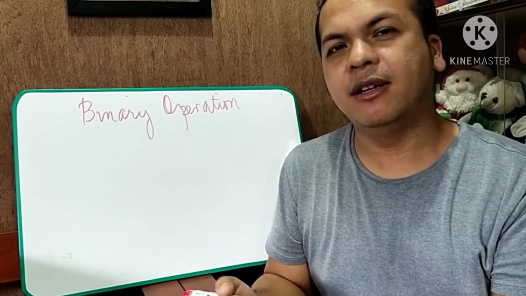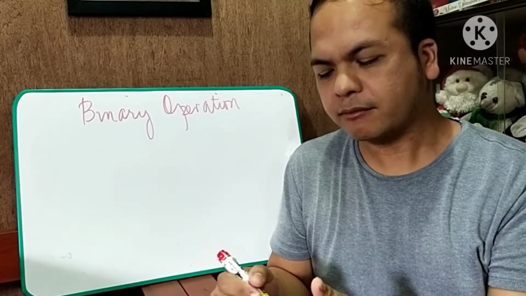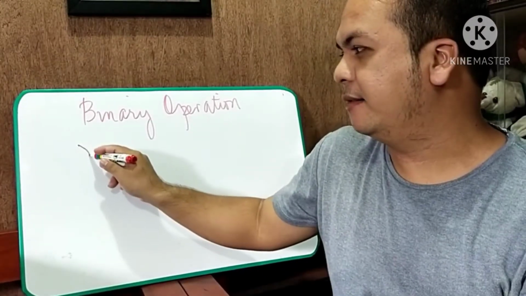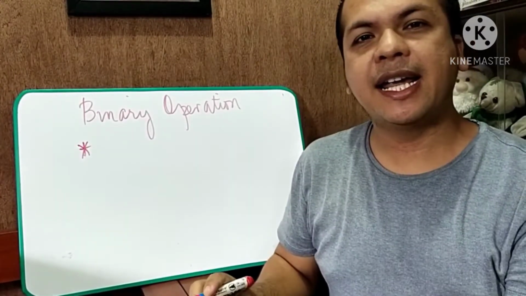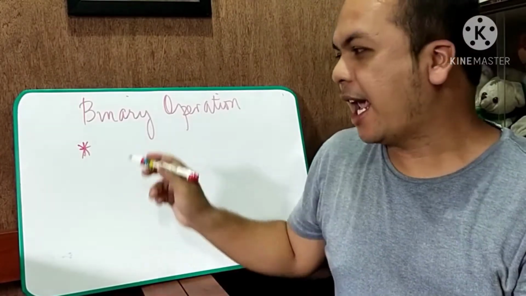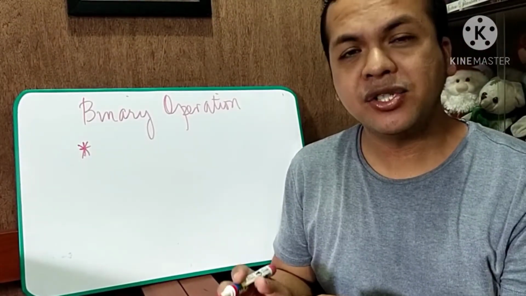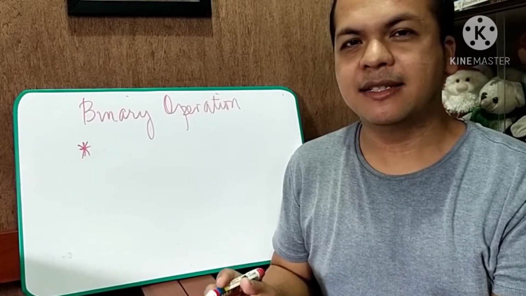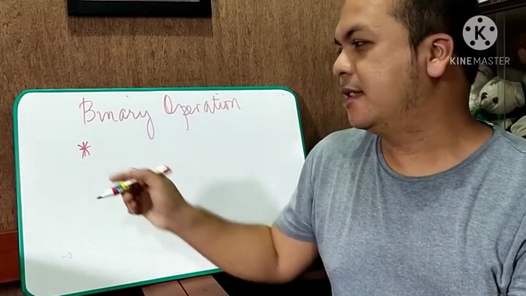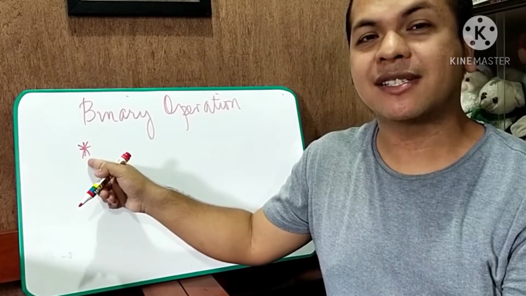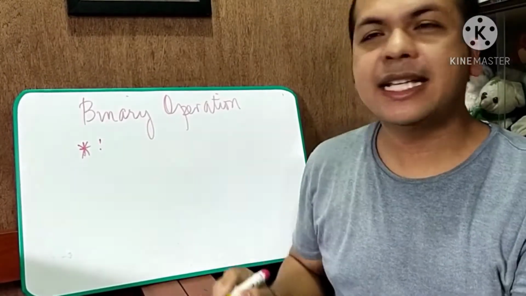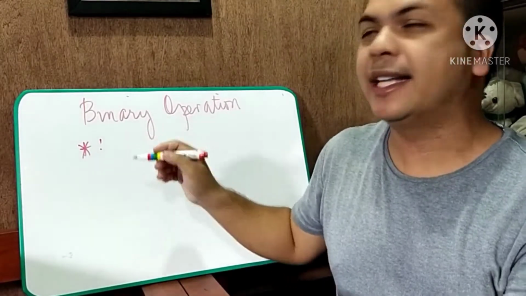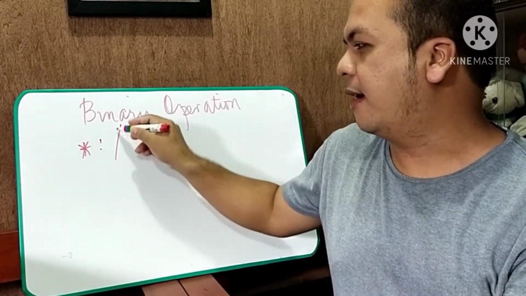So let's recall what a binary operation is. A binary operation, say star, on a non-empty set A is a function from A cross A to A. In symbol, we have a binary operation star, and it is a function. So we have a domain.